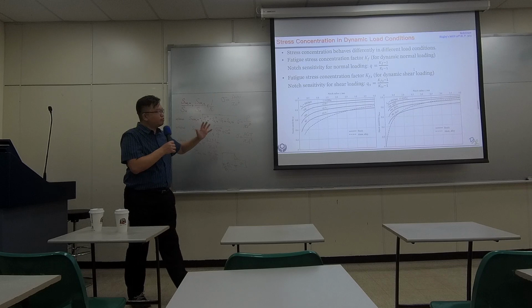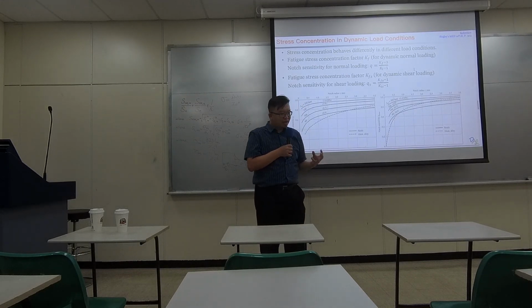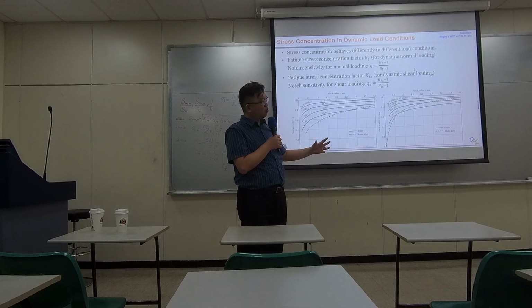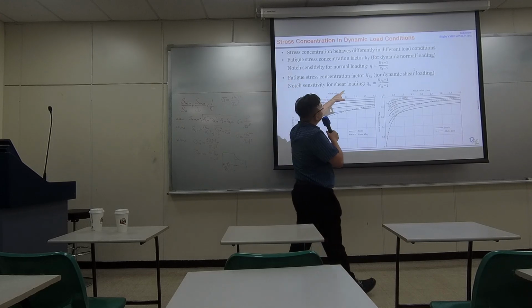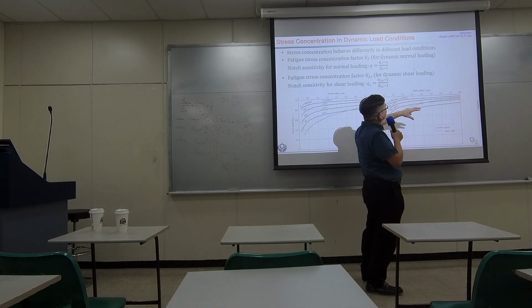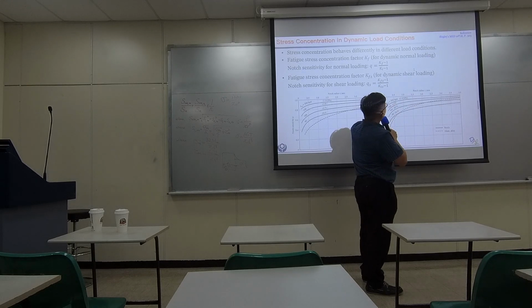For different materials, like steel or aluminum, they behave differently when you have static load or dynamic loads. So Q is a factor that describes how the material behaves when it's carrying static load or dynamic loads.